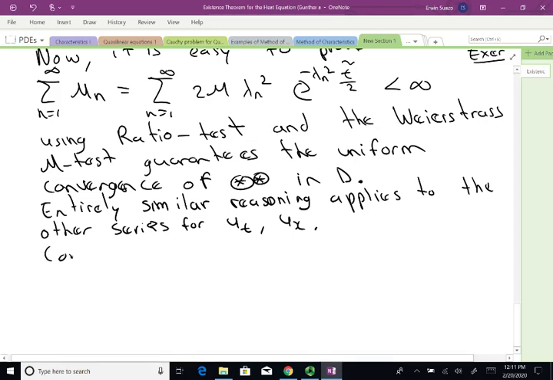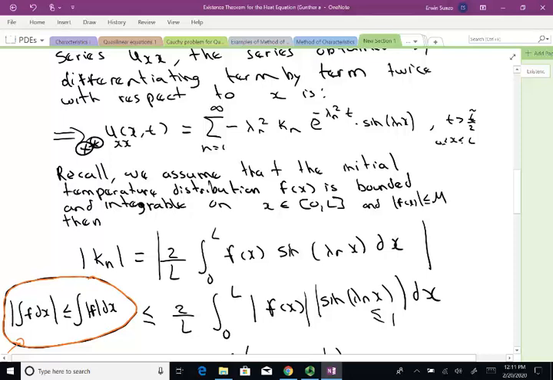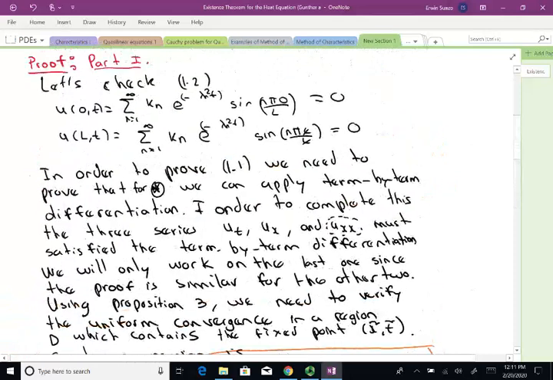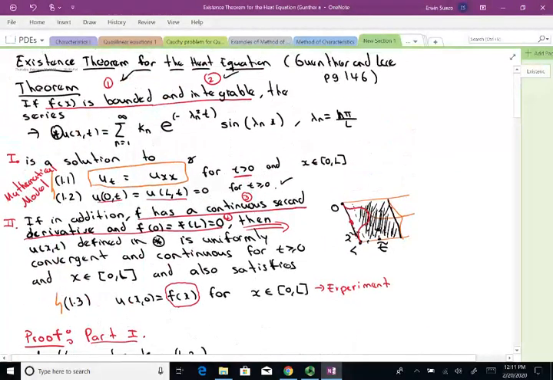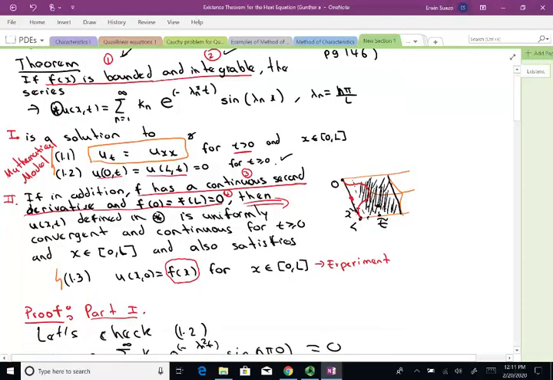Consequently, we call it star. Consequently, star, this one.